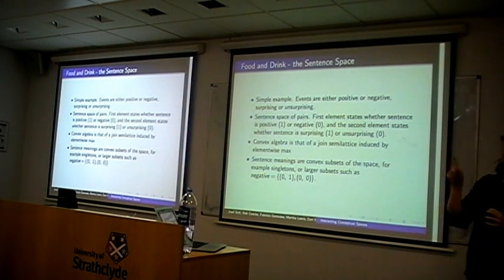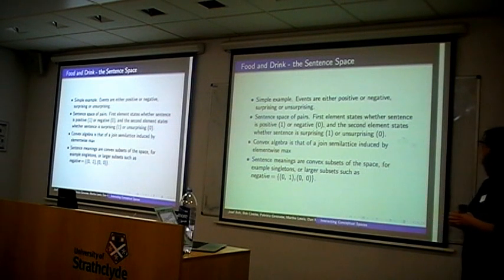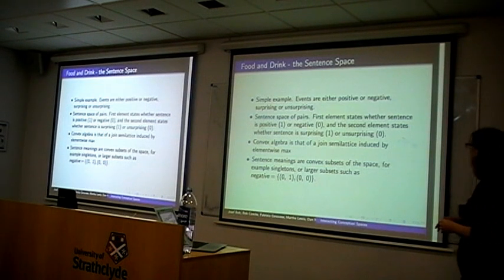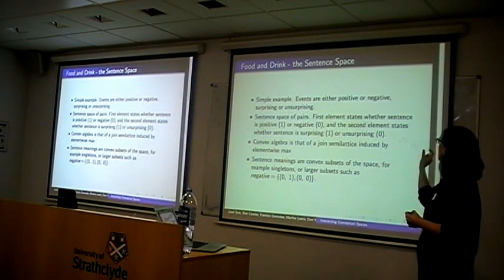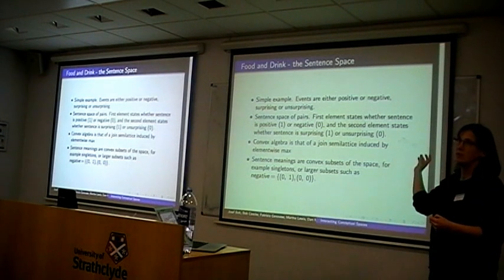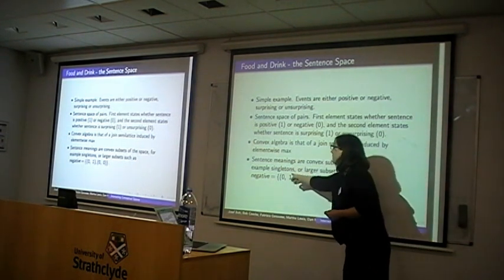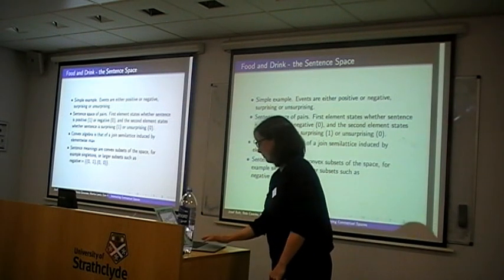And we can form a convex structure on this by treating it as a lattice. And the mixing operation is taking the element-wise max. So sentence meaning is a convex subset of the space. So you can have singletons, so you can say something's negative and surprising, or you can have larger subsets, so this would be negative, because it's negative and either surprising or unsurprising.